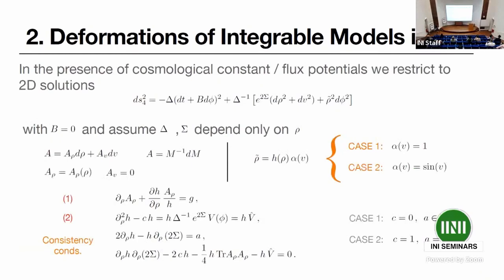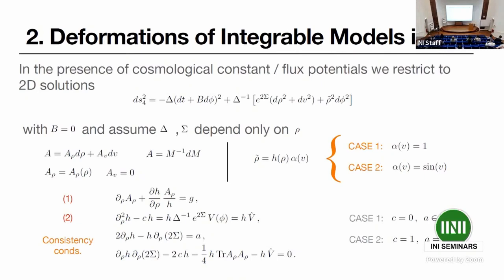In the presence of the cosmological constant, now we're going to assume a very special type of solutions. This is our metric again. We have set B to 0.